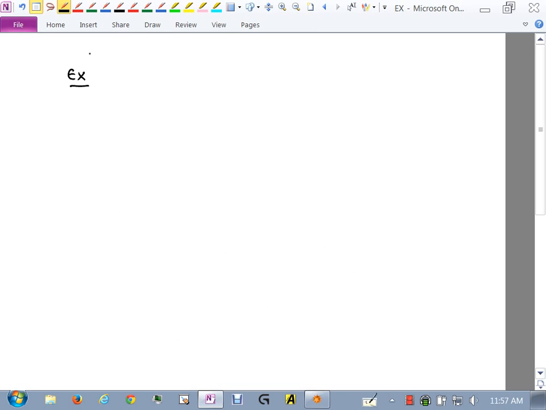Example. Inverses or not? You tell me. F of x equals 2x plus 1.